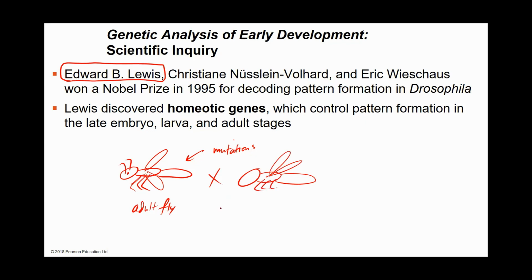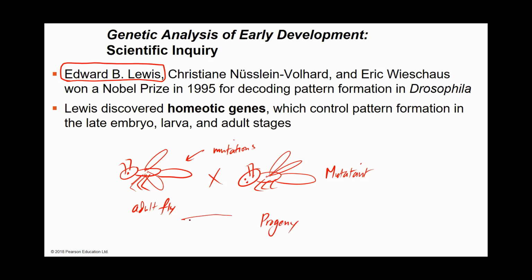Now these flies will produce what? When they are mated, again, they are mutant flies, so they have mutations in some of their genes. Okay, he didn't know which genes might be affected by these mutations. And after mating these mutant flies, they will produce progeny.